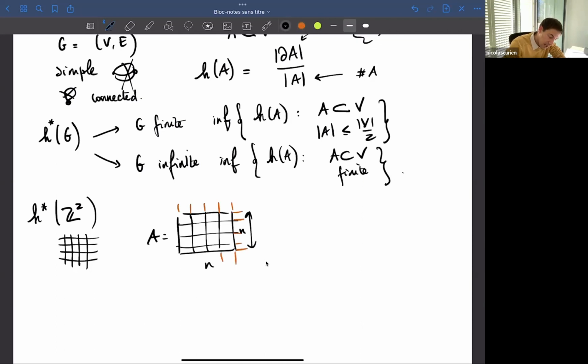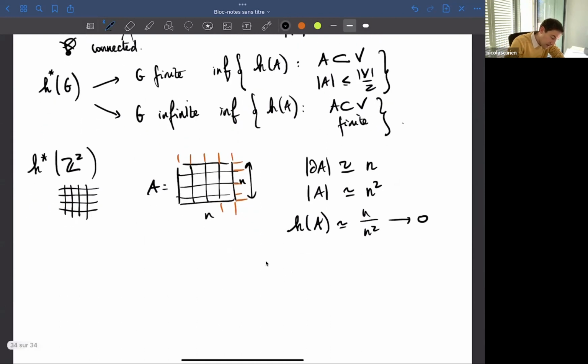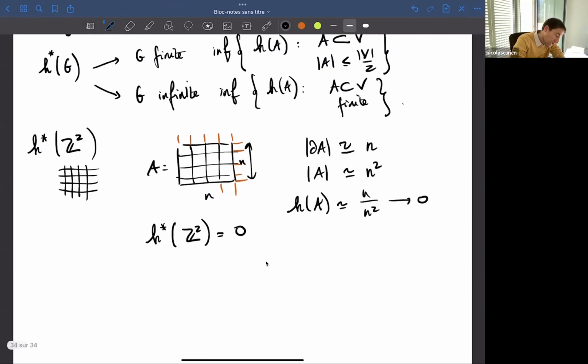How many edges are there? Roughly n, so it's of the order of n. But the size of A is comparable to n squared, because I have an n by n box. So the isoperimetry of A is roughly n over n squared, which goes to 0. Clearly you can take bigger and bigger boxes in Z2, and so the Cheeger constant of Z2 is just 0.